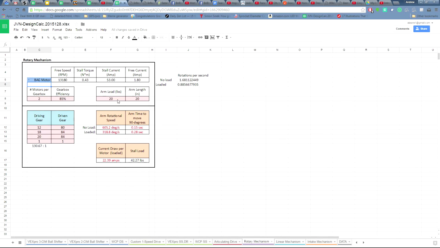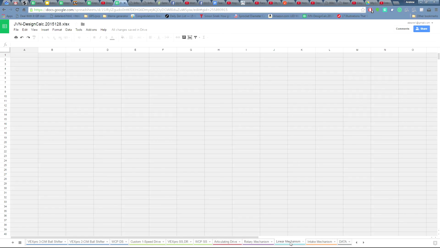But that's essentially how the rotary mechanism works. I put something off to the side, just my own, in rotations per second. I use that if I'm doing swerve and I want to see how many rotations per second my module is doing. And then I want to calculate how much load I'm getting from trying to rotate the wheel.